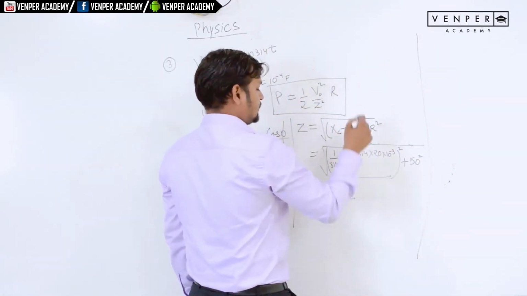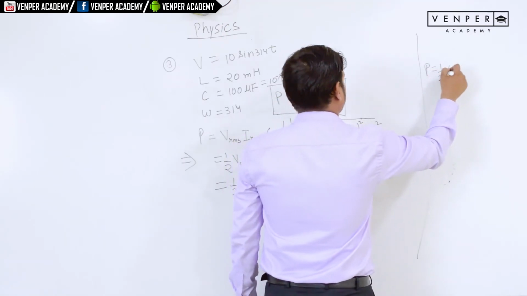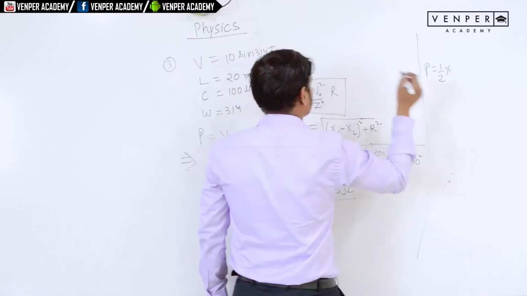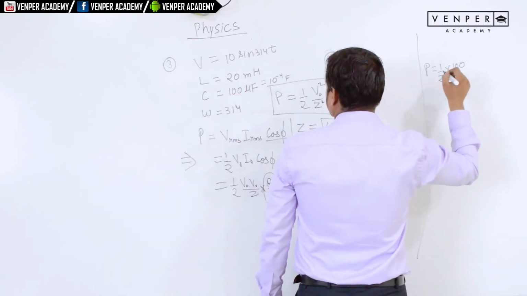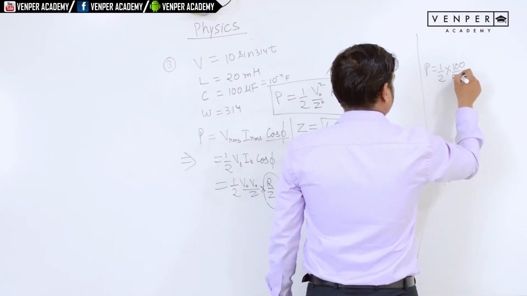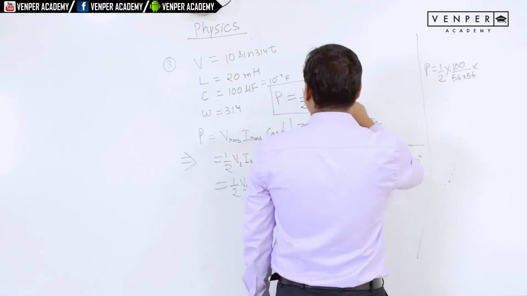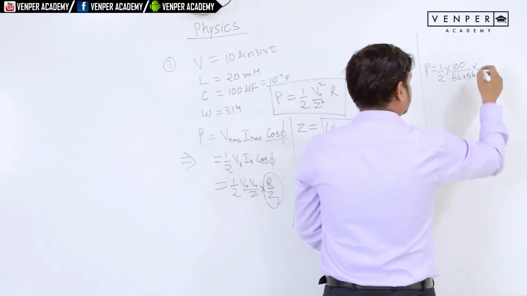Now for this power loss, just put the values. P is equal to 1 by 2 into V naught square, which means 10 square, means 100, upon Z square. Z square means 56 into 56, multiplied by R. Resistance is given as 50.